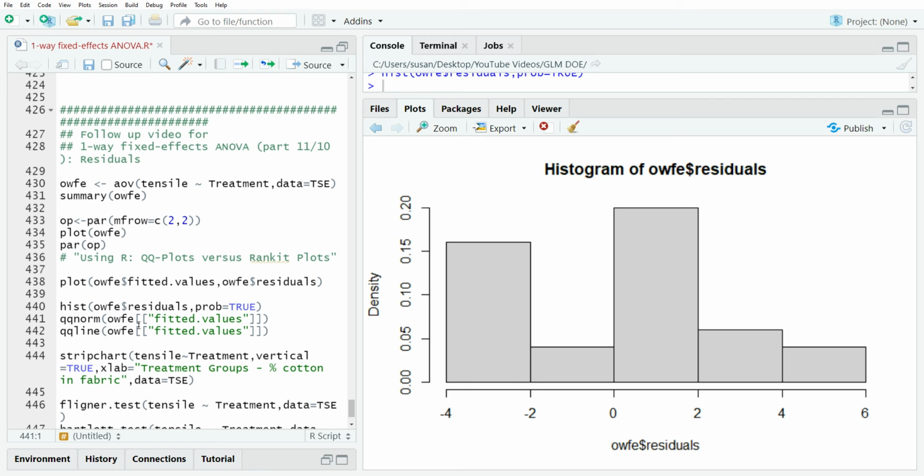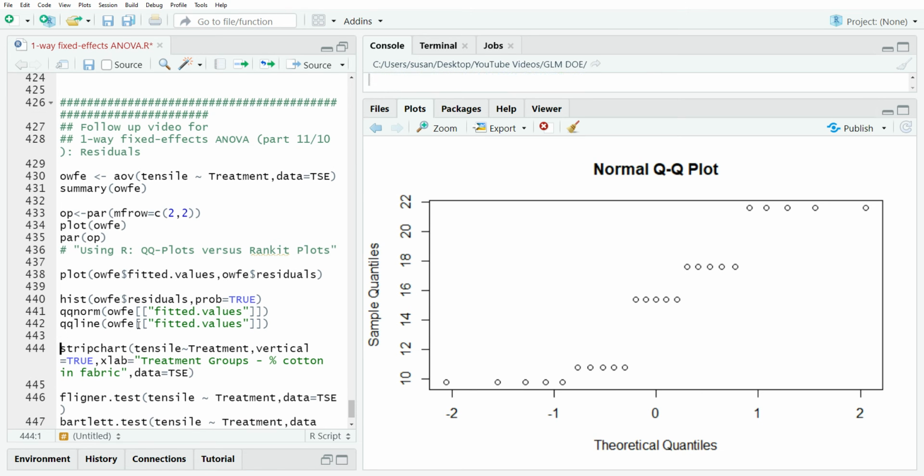We could create the QQ plot and fit the line. And here, they sort of don't follow that line in the same way. But with so few observations, again, there's nothing that gets me too excited to say it deviates from our assumptions.